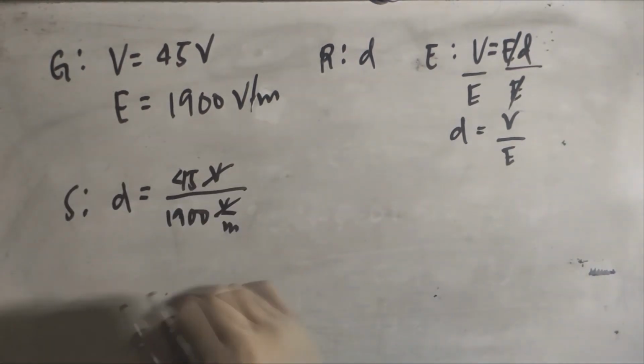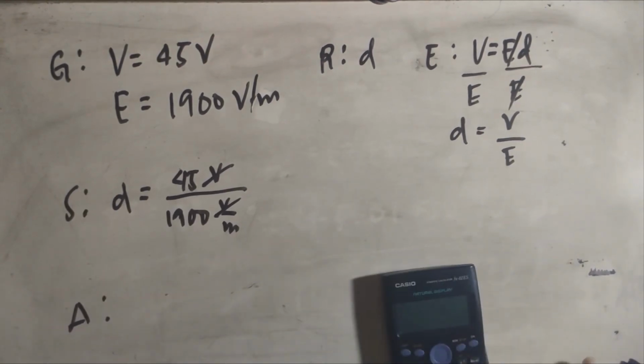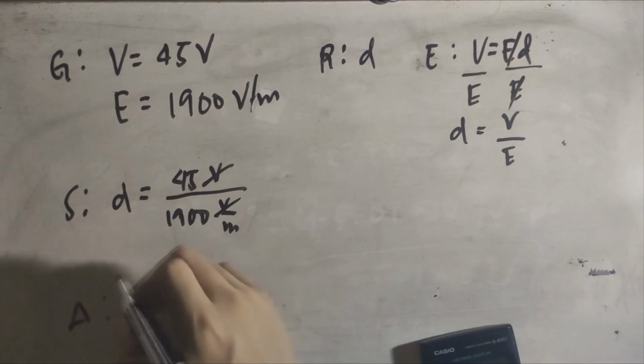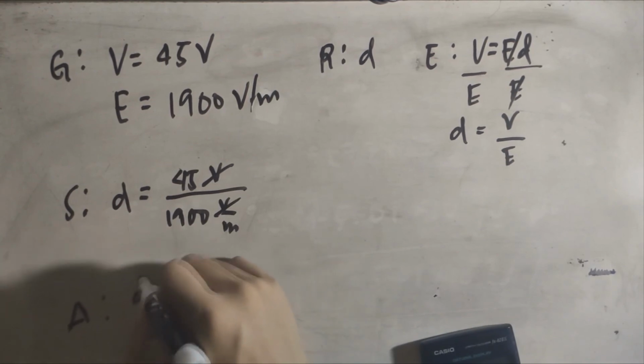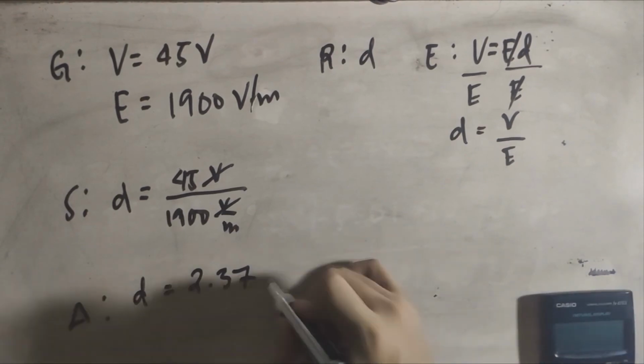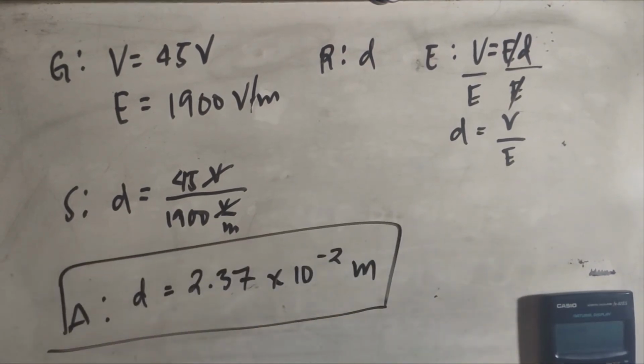This is really quite easy. We have 45 divided by 1900, that's 2.37. So the value of the distance is 2.37 times 10 raised to negative 2. The unit is meters. So that's our final answer, and that's it.